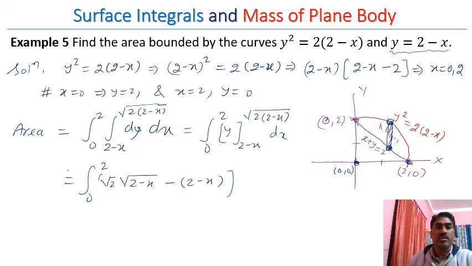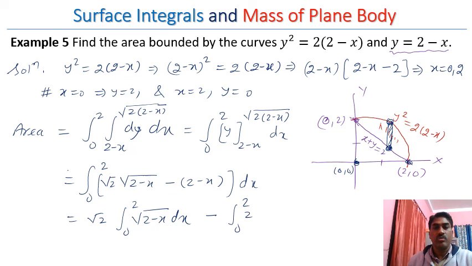This is our standard integral in x. You can very easily integrate this. So this will be square root of 2 times the integral from 0 to 2 of square root of 2 minus x dx, minus the integral from 0 to 2 of 2 minus x dx.